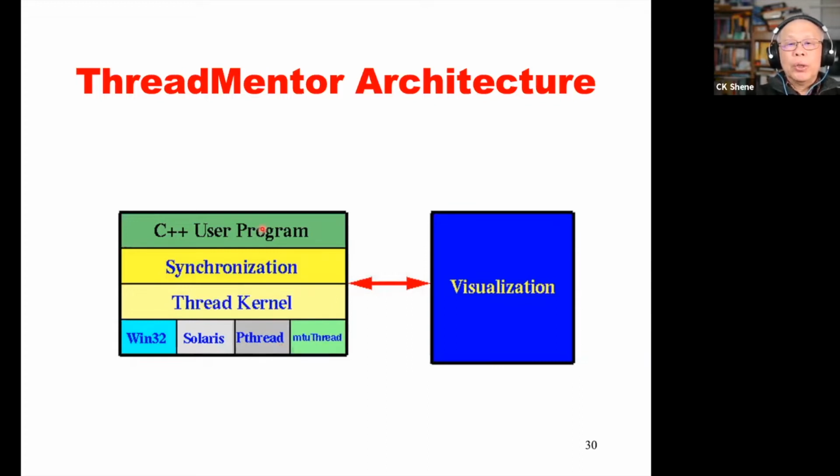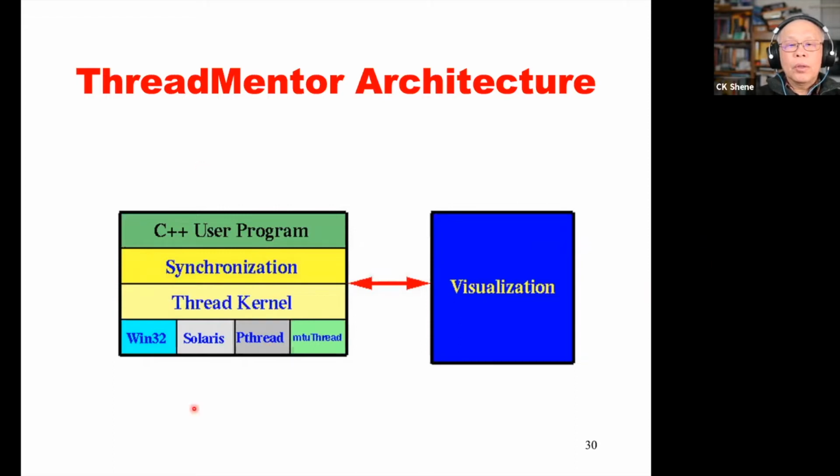So when your program is going to do a synchronization, and the synchronization may cause your executing thread to wait or to resume, they go down to the thread kernel. The thread kernel, on the other hand, will call the pthread system for further support.